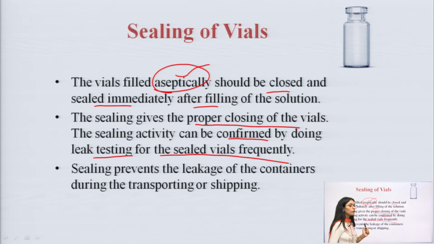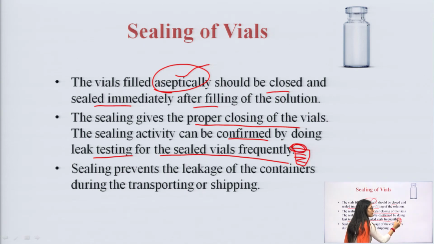Basically, sealing activity can be confirmed by leak testing of the sealed vials frequently, because at the end of the day we do not want our product to spill out from the container. So, we have to make sure that all the product present inside the vials is completely sealed. There should be no possibility of any rupturing or spilling of the product.